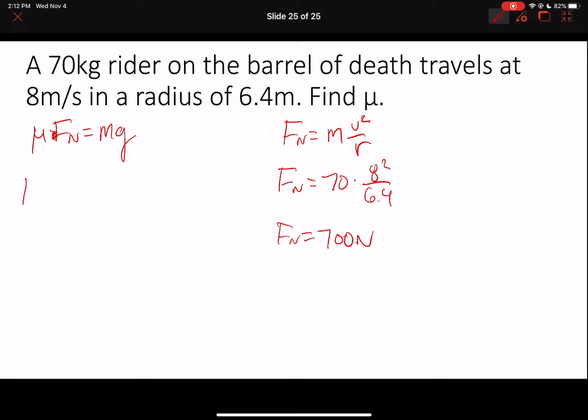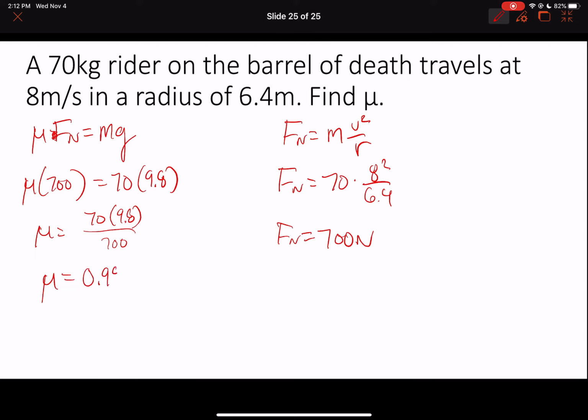And so we plug it over here, mu times 700 equals 70 times 9.8. And so mu is equal to 70 times 9.8 divided by 700. And we get that mu is equal to 0.98. That's it.